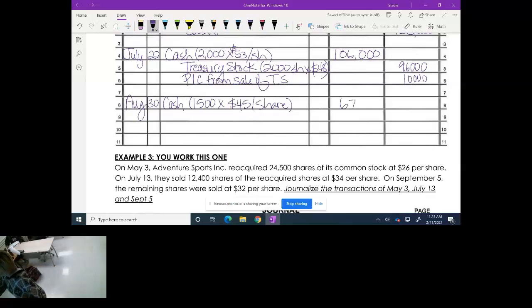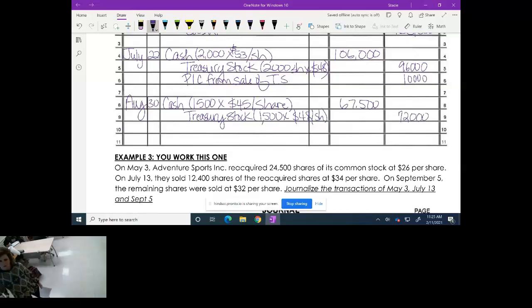When you're doing Cengage, you may want to skip the middle line because you're going to end up with another debit. I like to do things in the same order, so I put treasury stock next. 1,500 times $48 a share, because that's the cost, and that's a credit of 72,000.